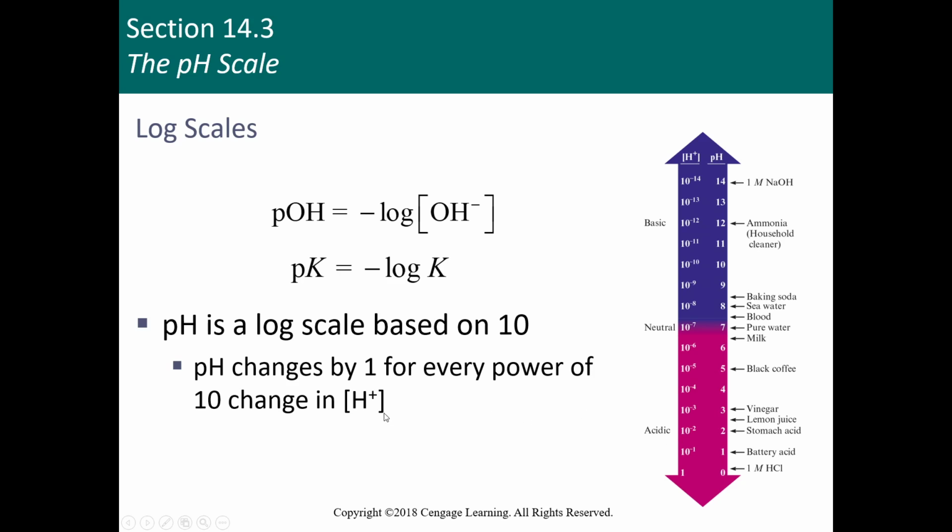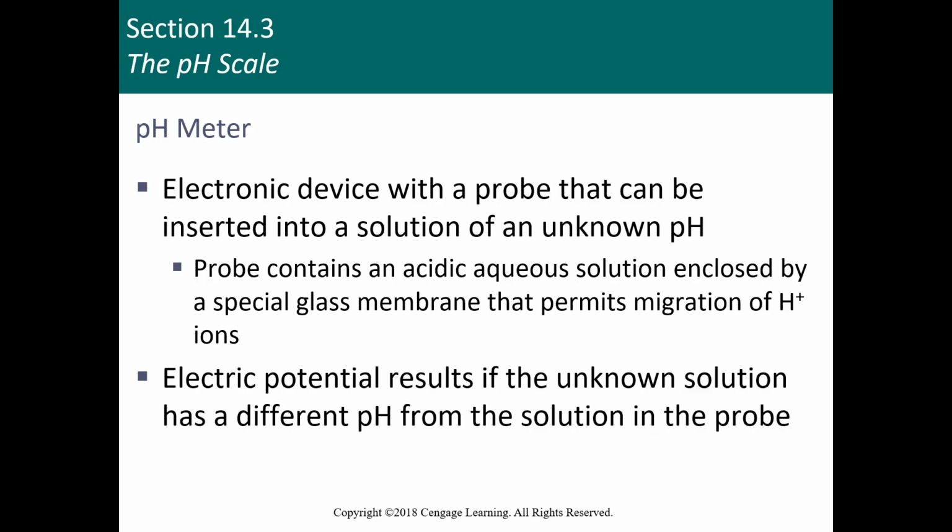So when we talk about a 4 pH unit difference, that's a 10,000 times difference in concentrations. Okay, it's actually a huge amount of difference. It's logarithmic, right? Huge change every single time you make a 1 pH unit change.